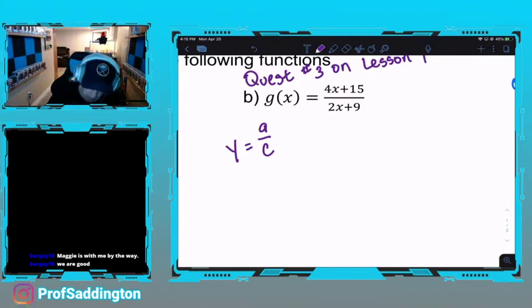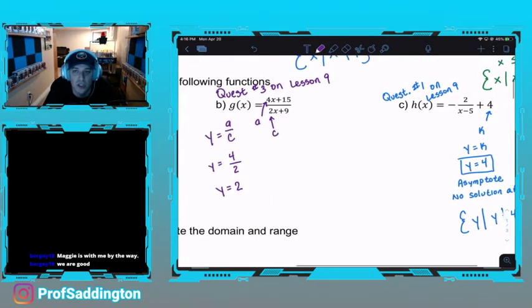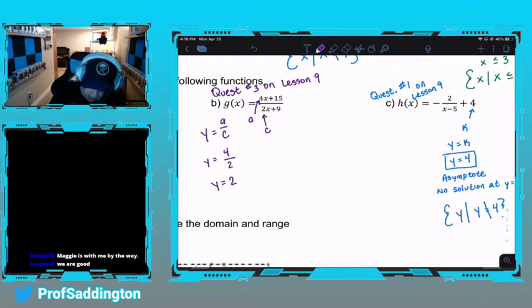The a value is just represented by 4, and the c value is represented by 2. So I'm just going to plug them in. So y is equal to 4 over 2, which just means y is equal to 2. So just like part C, that number we just found is our asymptote.